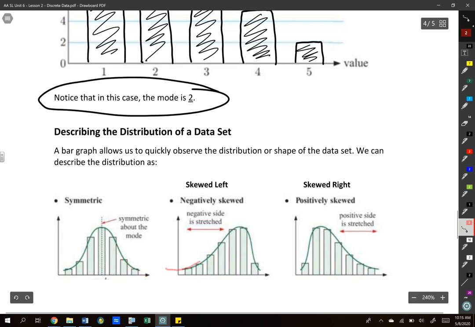Negatively skewed, we referred to that in Algebra 2 as skewed left. You can say skewed left or you can say negatively skewed. What it means is the data is skewed on the left, so the graph is a little off on the left. In terms of skewed right or positively skewed, the data is skewed on the right.